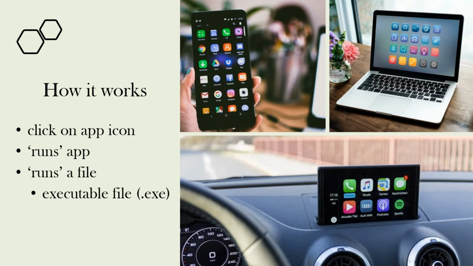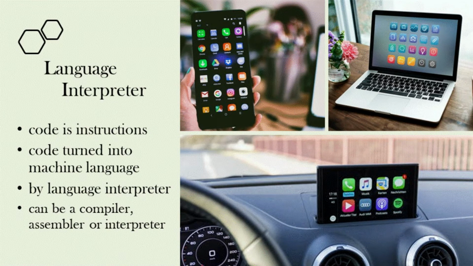Well, for example, when we click on an app, that runs a file, and that file is called an executable file. What's inside that file is code, instructions, and that needs to be turned into the machine language, and that is done by the language interpreter.